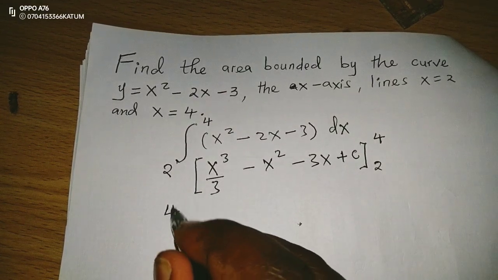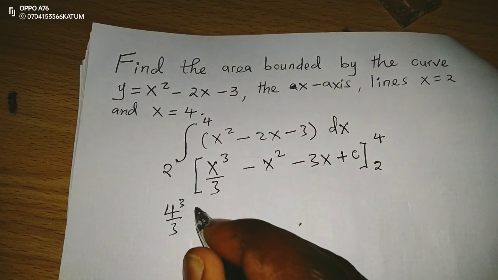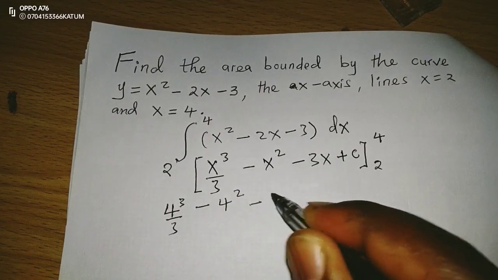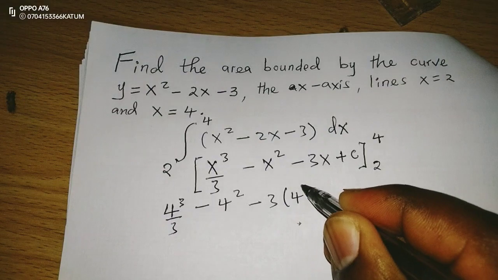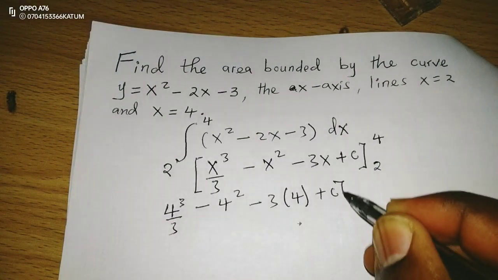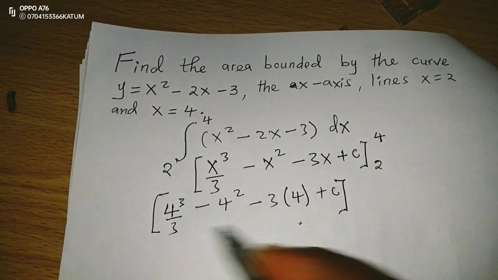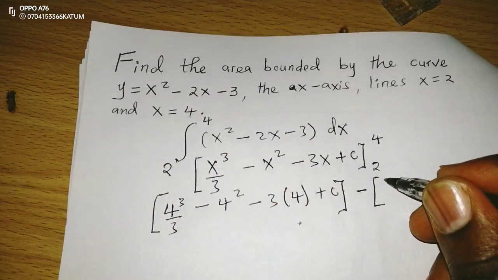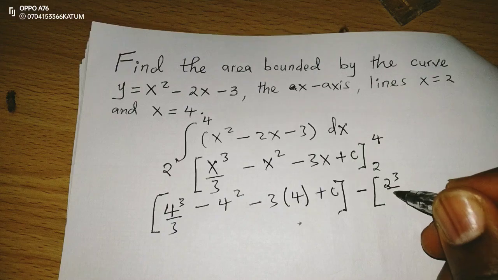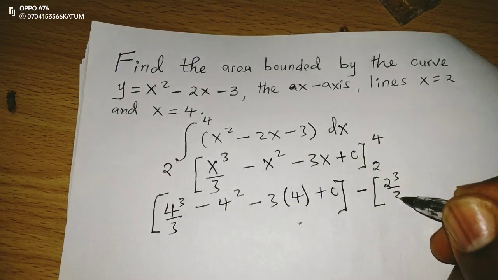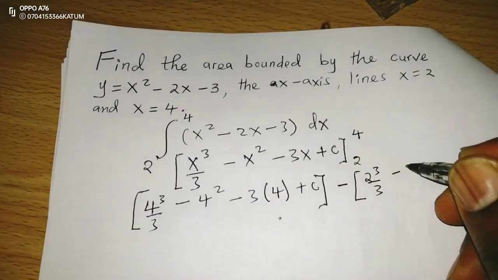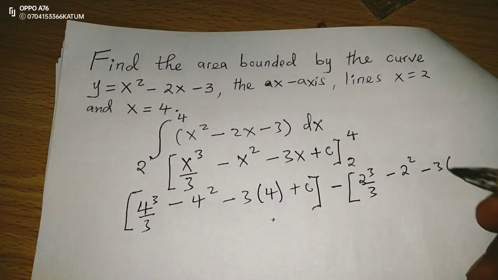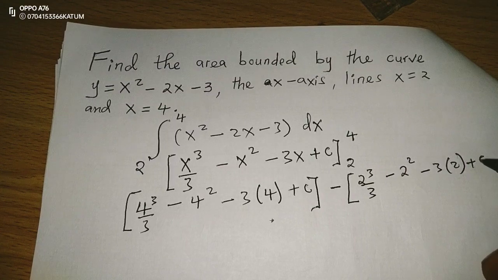So we shall have 4 cubed divided by 3 minus 4 squared minus 3 into 4 plus c. Then whatever we find here, we subtract when we substitute 2, such that we have 2 to the power 3 over 3 minus 2 squared, then minus 3 into 2 plus a constant.